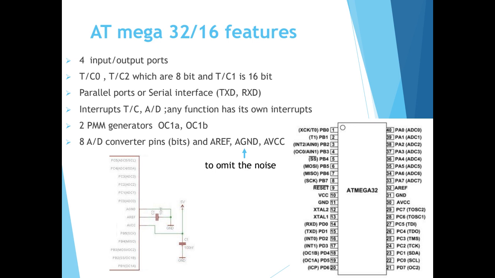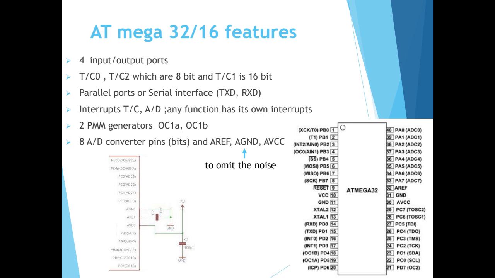How can we connect these 3 pins? The connection would be as this one. AVCC would be connected to the power supply, which is equal to 5 volts, and then by using a capacitor, it is grounded. The capacitor value would be equal to 100 nanofarad. And about AGND, or analog ground, and the AREF: as you see, AGND is directly connected to the ground.